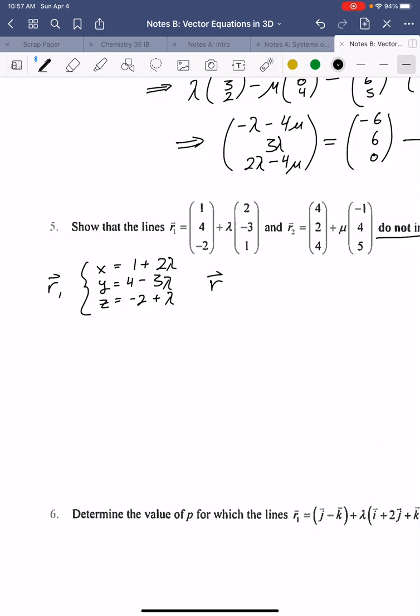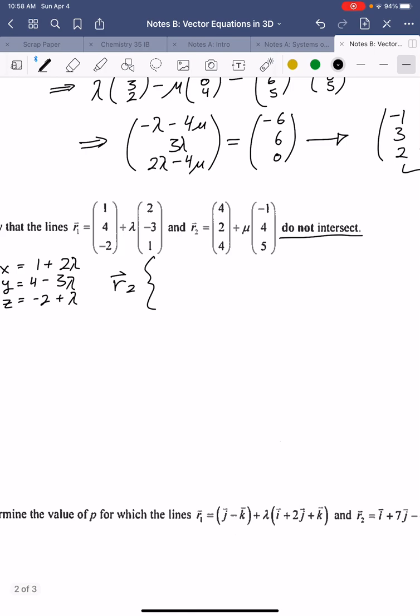And then R2 gives us X equals 4 minus mu, Y equals 2 plus 4 mu, Z equals 4 plus 5 mu.